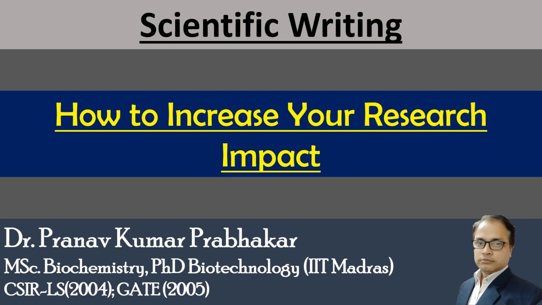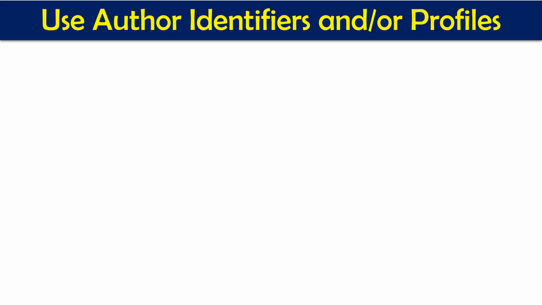You can call it a predictor, or you can call it the measurable thing of impact. But there are a number of other strategies you can employ to boost your impact by increasing the visibility and accessibility of your research. So I will talk about 5 different things by which your research impact can be increased.